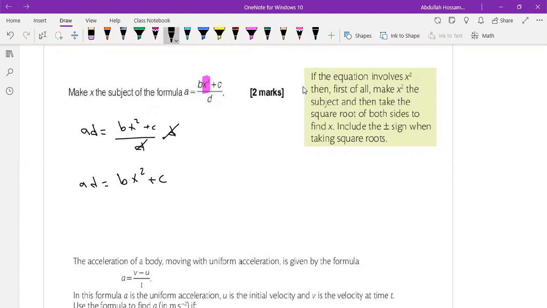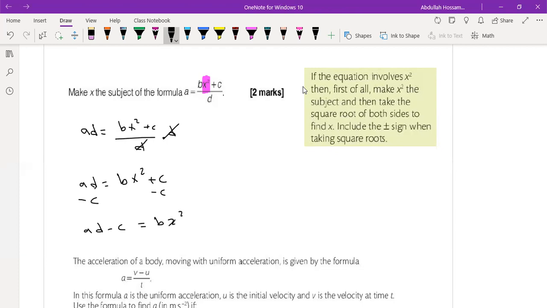And then ad minus c. Yes, we need to make x squared alone, so we need to remove c. So we subtract c, or you do it mentally. You write ad minus c equals bx squared. Excellent.